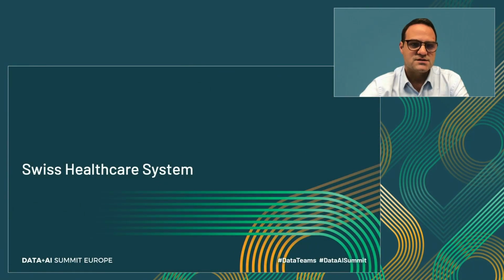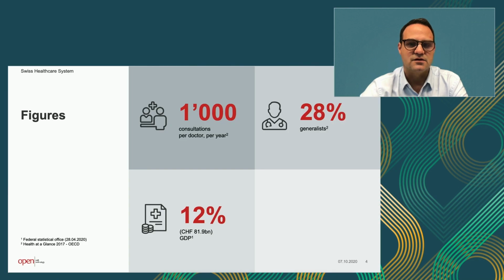The Swiss healthcare system has a lot of doctors and a lot of nurses, so we have good coverage in terms of health. On average, each doctor is doing 1,000 consultations per year. Generalists account for 28% of the doctors available in the country.